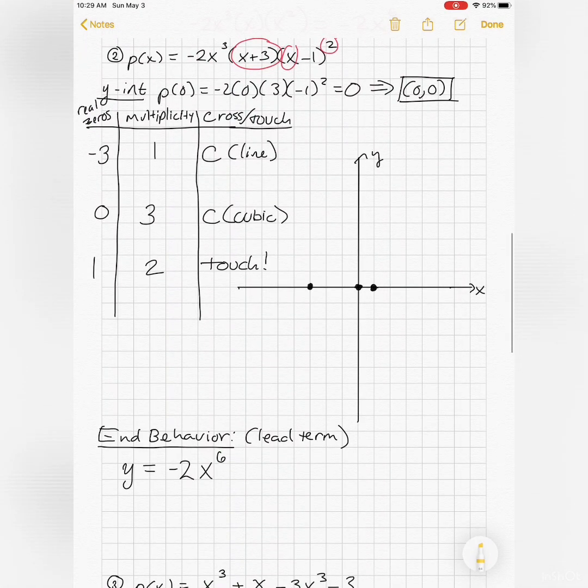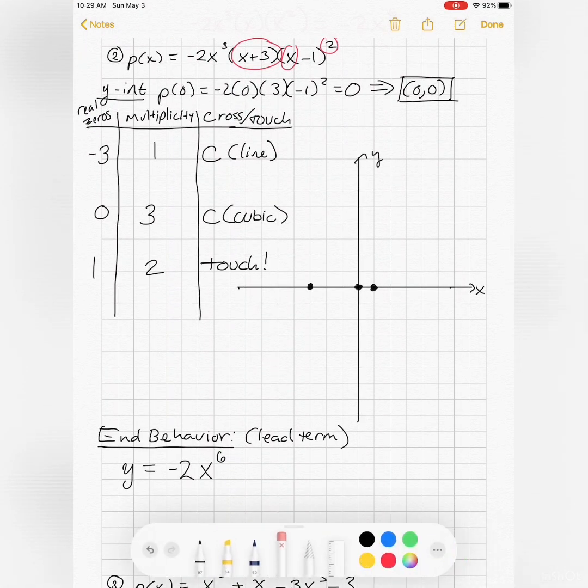So back down here, our leading term is negative 2x to the 6th. An x to the 6th is an even power function. It's parabolic, except the negative in front reflects the graph down.